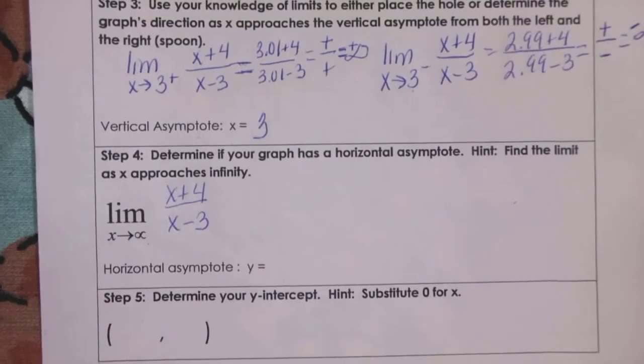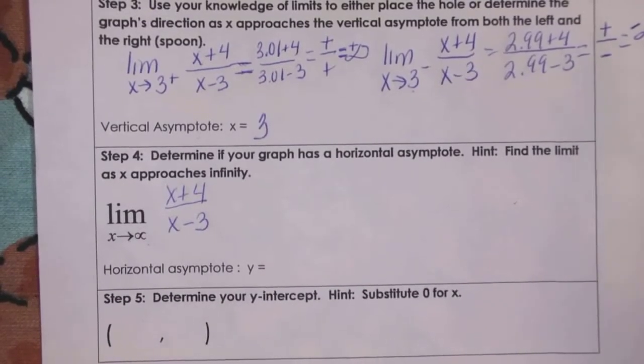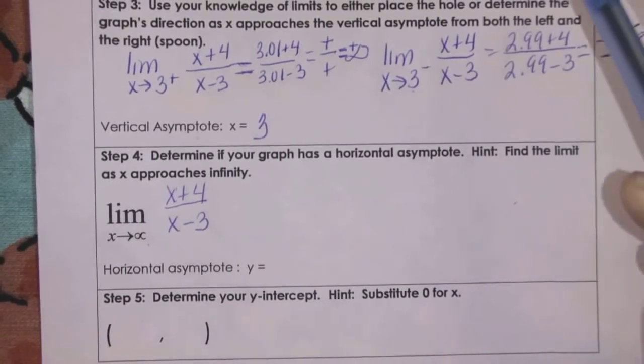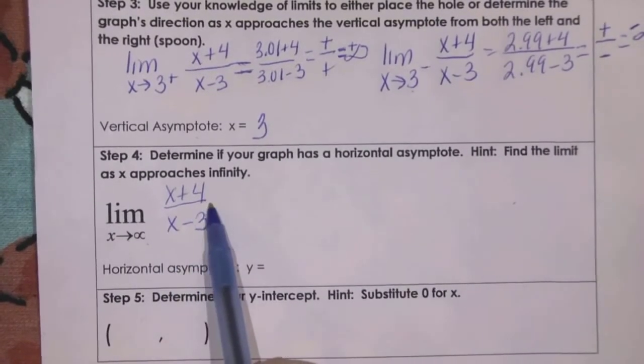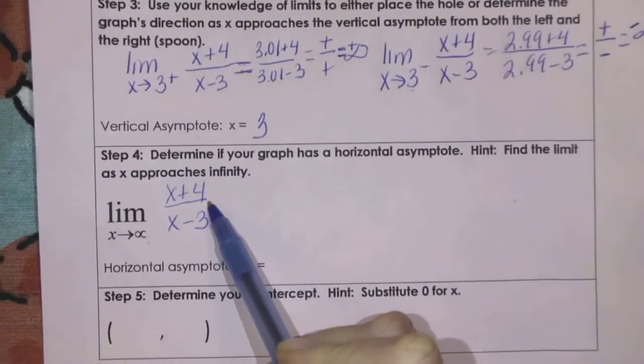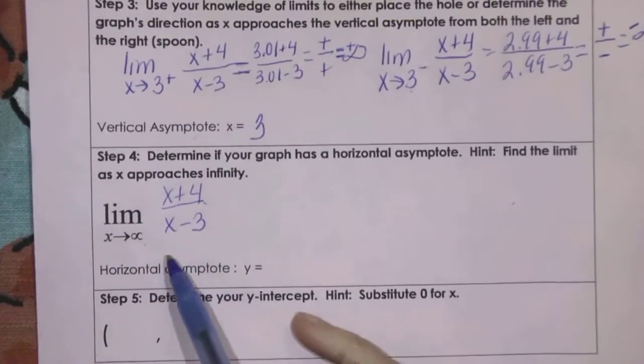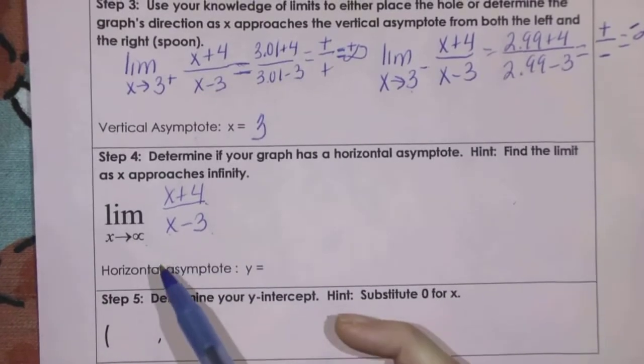Or does it have neither? I think it has nothing, because if you have infinity and you add 4 to infinity, it does nothing to it. It's still huge. If you have infinity minus 3, it's still infinity.